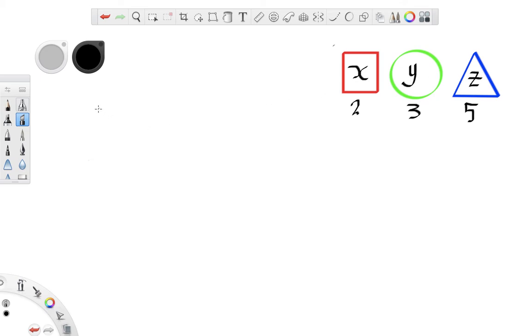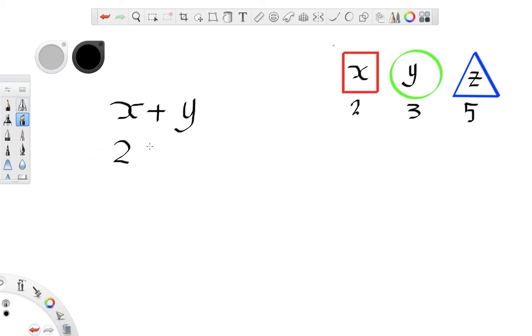So if I then said, what is X plus Y, we'd look over here and we'd see that X is the red square, and the red square was 2, so we just put a number 2.